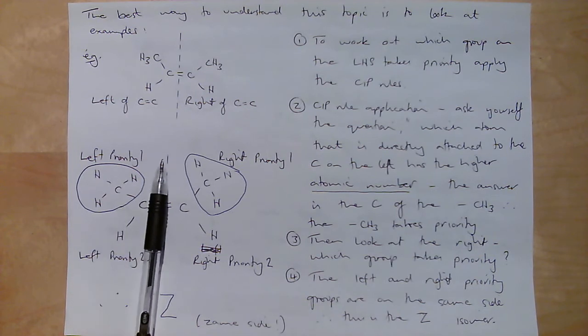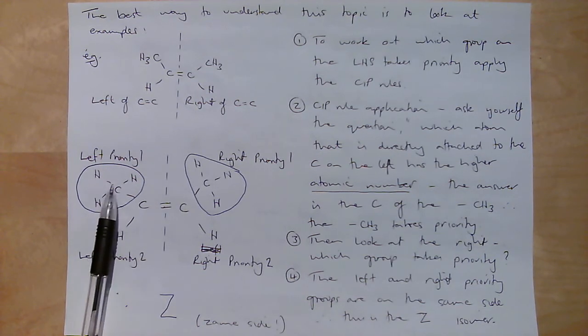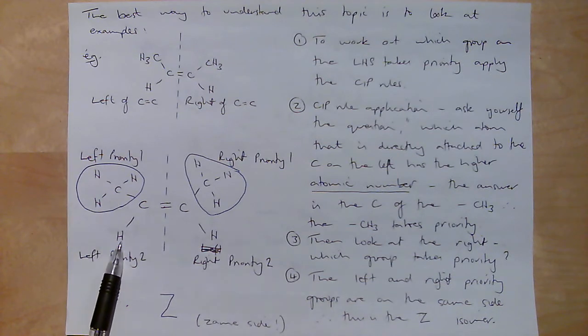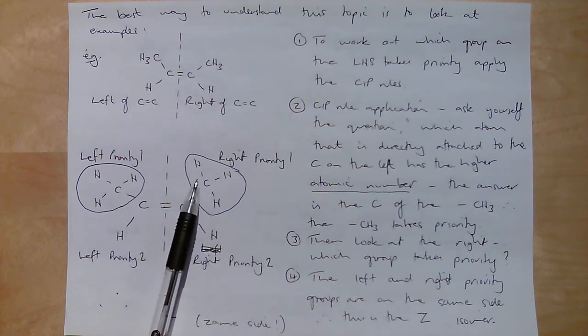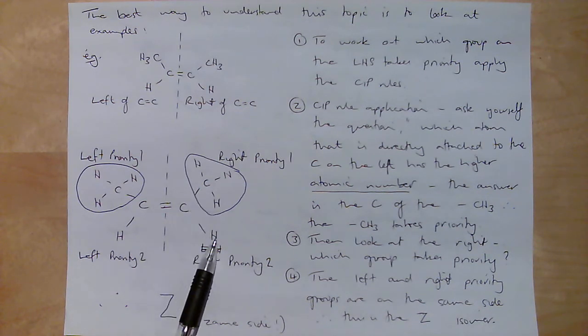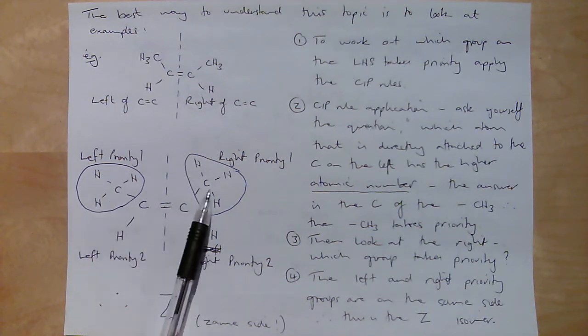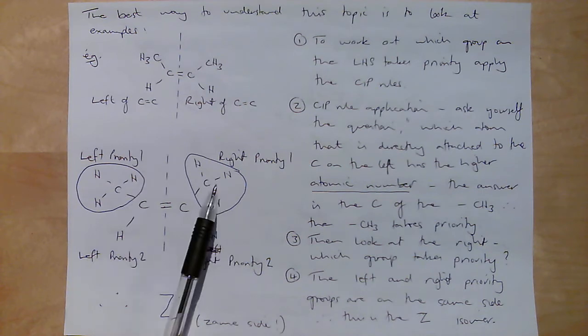I find my double bond, look to the left: that's a priority group because the carbon has a higher atomic number than the hydrogen. Look to the right, compare that group and that group: it's this one because that carbon has a higher atomic number than that hydrogen. My priority groups both lie above the double bond, on the same side, so the stereoisomer is the Z stereoisomer.